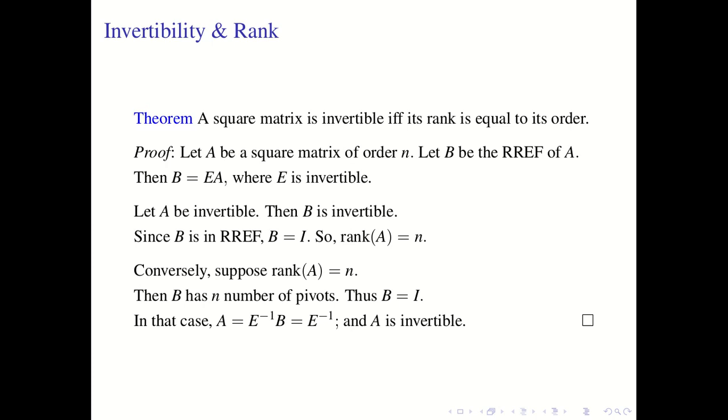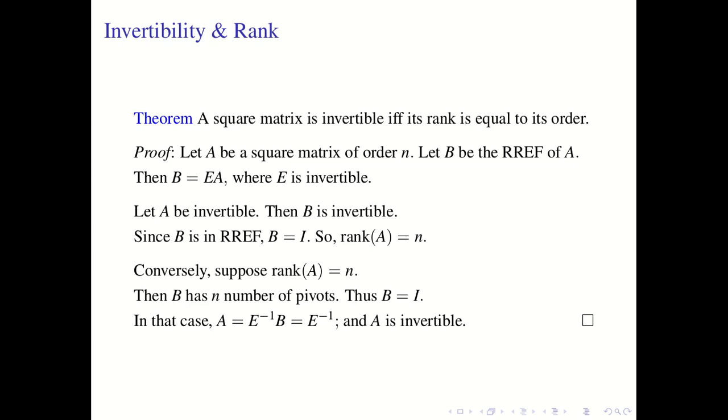Suppose we start with a square matrix of order n and B be the row reduced echelon form of A. Then B is equal to E times A, where E is a product of several elementary row matrices. So E is invertible. Suppose A is invertible, then E and A are invertible, therefore B is invertible.